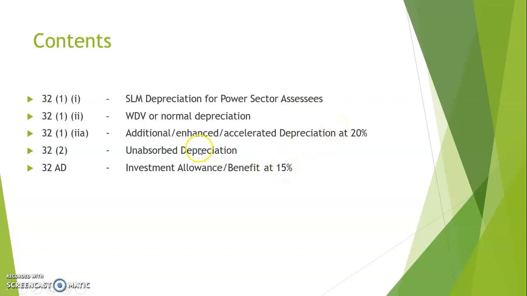See, unabsorbed is actually not applicable here. You'll understand that while we do a few questions. But just keep this in mind: this is an over and above deduction provided by the Income Tax Act to an assessee if the assessee makes an investment satisfying certain conditions. Now, got a basic idea of all that we are going to learn here?